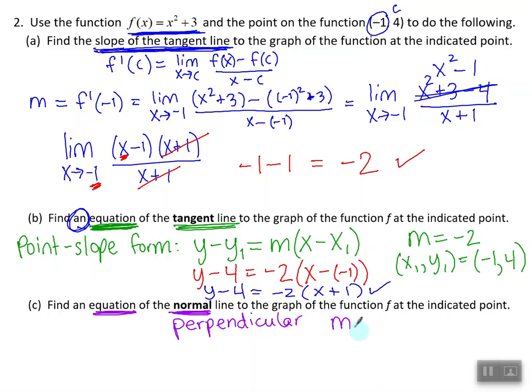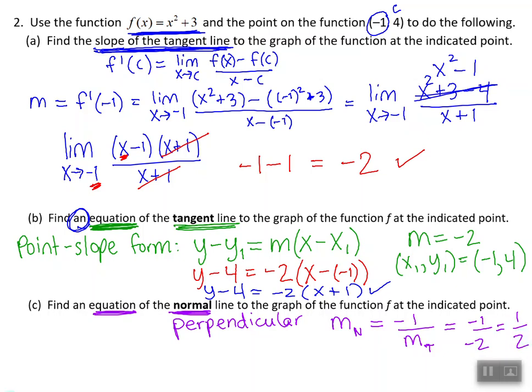So the slope of the normal line is equal to the opposite reciprocal, or negative 1 over the slope of the tangent line. Therefore, the slope of our normal line is equal to negative 1 divided by negative 2, or positive 1/2.